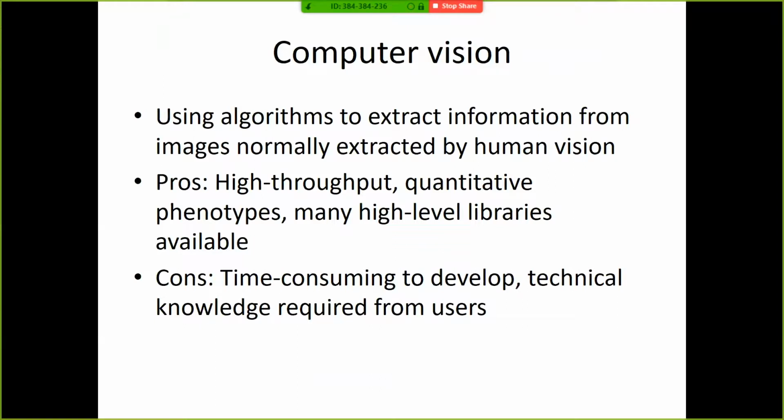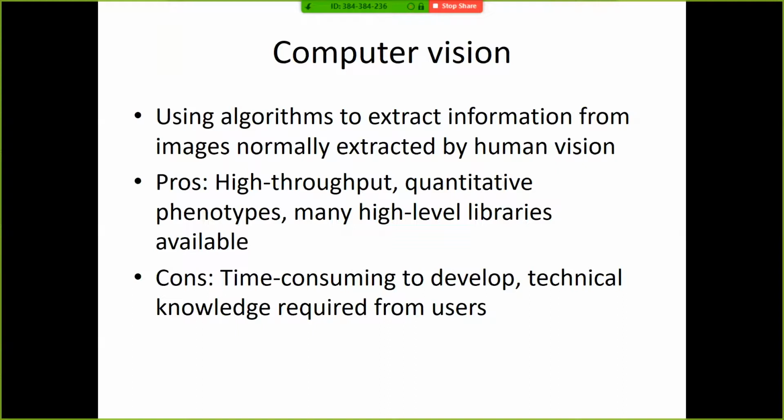So the first part I'll be talking about is computer vision. So what is computer vision? It's using algorithms to extract information from images that is usually extracted using human vision. The pros are that this method is high throughput, so you get a lot of data fast, you can obtain quantitative phenotypes, and there are a lot of high-level programming libraries available to implement these algorithms.